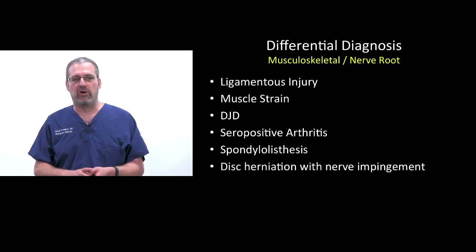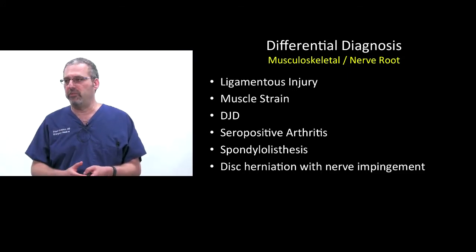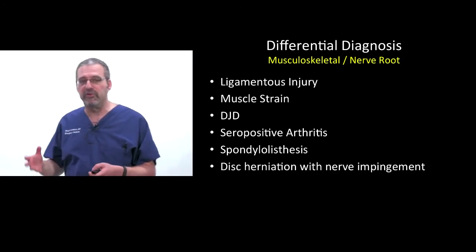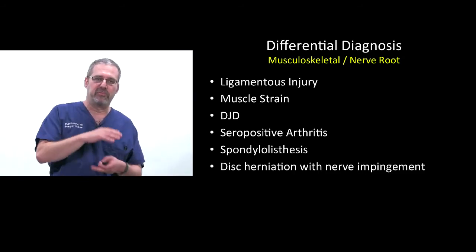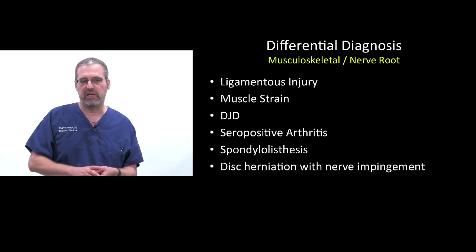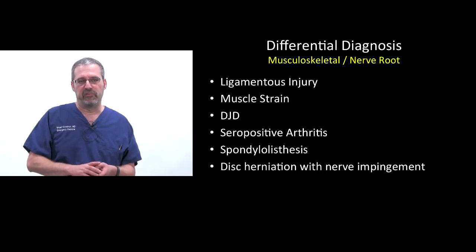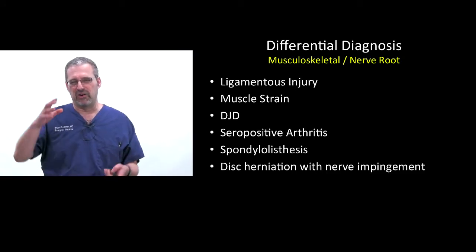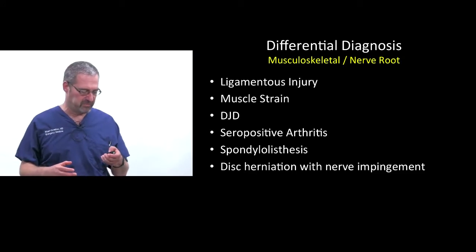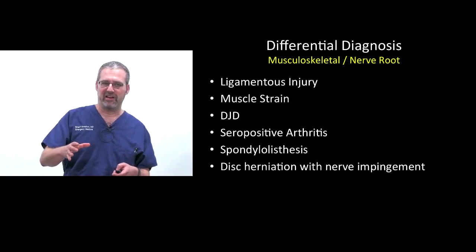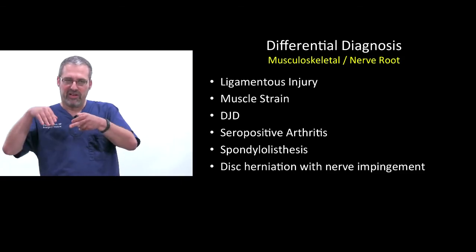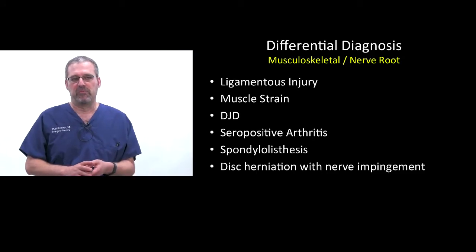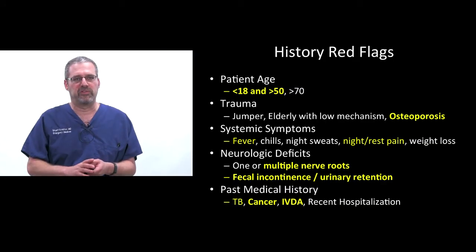But generally, these will be going home from the ER, and these are degenerative disc disease, which we'll show a few pictures of, and then seropositive arthritis, so serious stuff: lupus, rheumatoid arthritis, spondylolisthesis, which is a mechanical problem of movement of the spine, which I'll show you, subluxation really, and disc herniation with nerve impingement, which basically goes along with degenerative disc disease, but it actually is more specific in terms of telling you what happens after the discs degenerate, how the actual compression occurs. So those are two parts of the same thing.